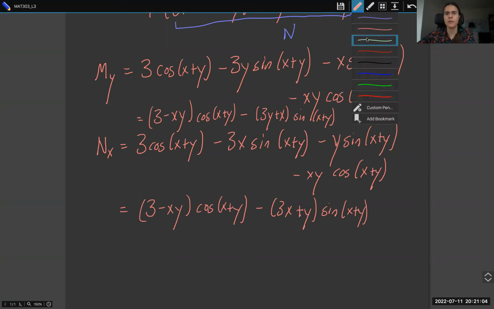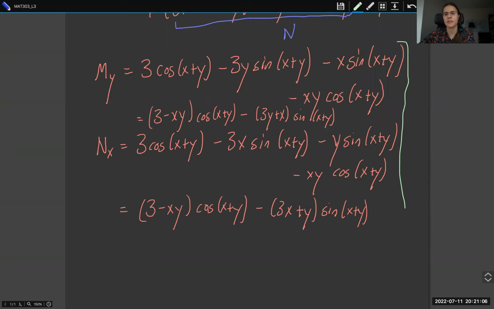So we can conclude from this that this is not exact. However, if we take nx minus my, so the second thing minus the first thing, we always consider that expression when it's not exact. Well, these two terms cancel out.